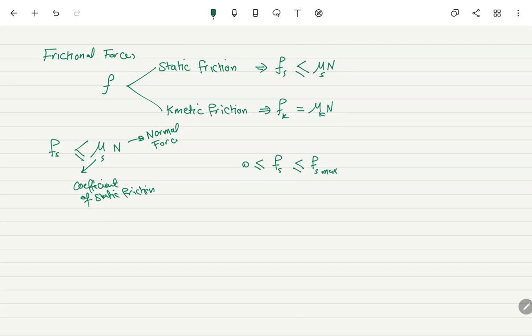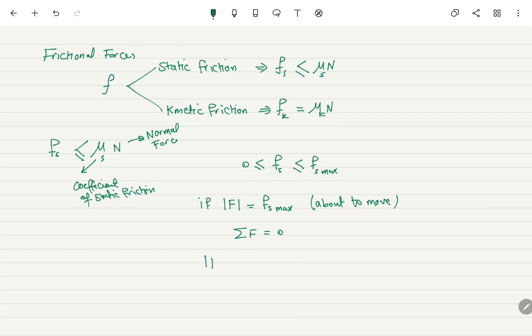And remember, if F equals Fs max, this means that the object is about to move. In this case, the net force on the object is 0, so the sum of all forces equals 0.